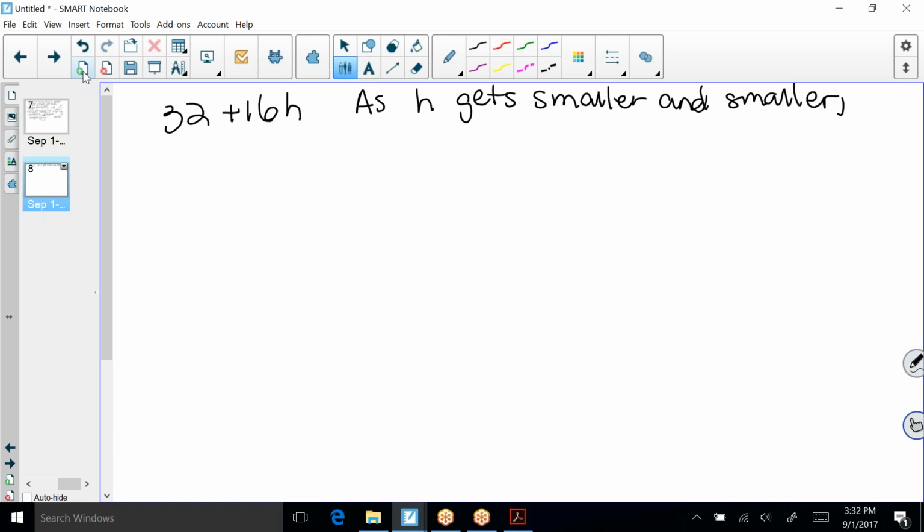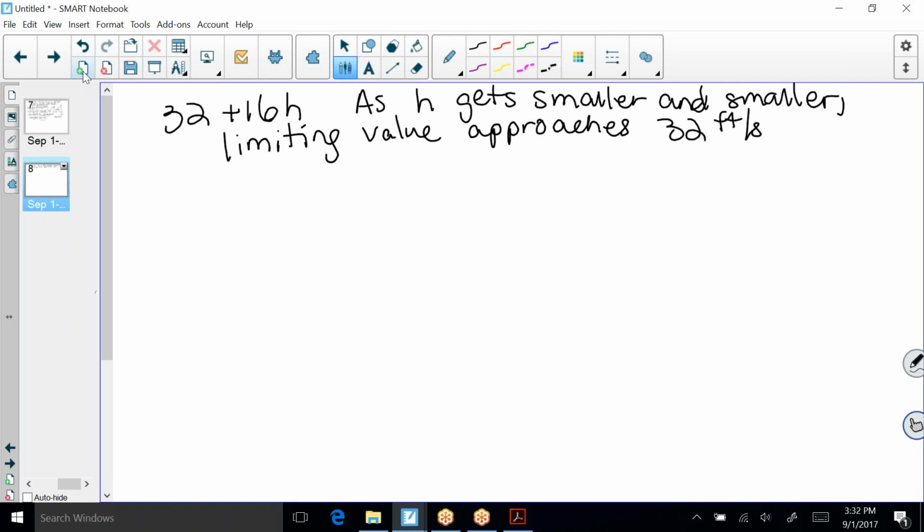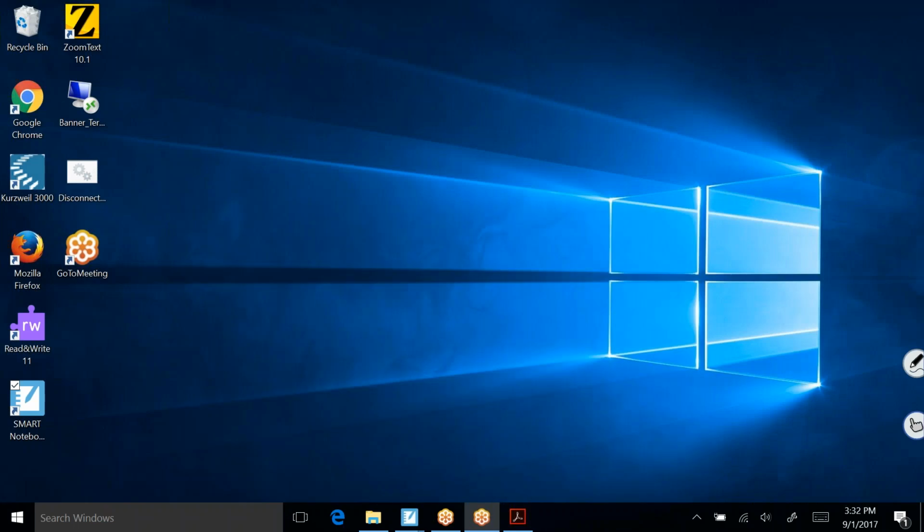As h gets really, really small, the limiting value, or the value of this function, approaches 32 feet per second. All right, so that comes from Galileo's law. All right, then we're going to go back to our notes for this section.